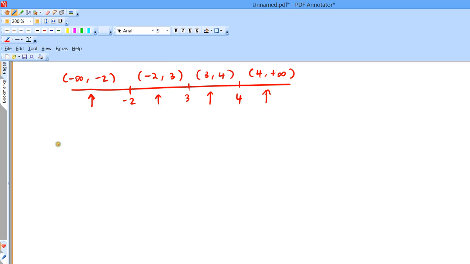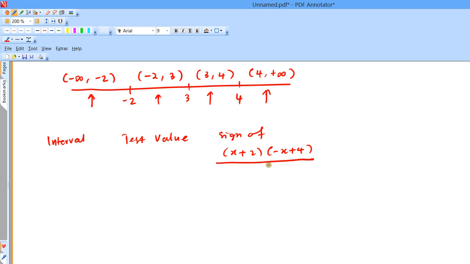Then we make a table with the interval, the test value, and the sign of the rational expression (x plus 2)(negative x plus 4) over x minus 3.